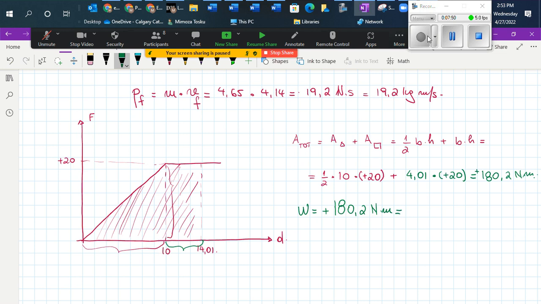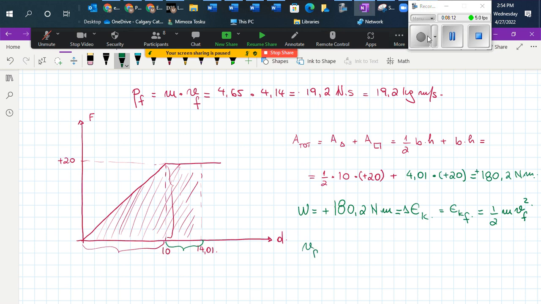Newtons times meter is equal to work, which based on the work energy principle is equal to the change of kinetic energy. And since it is starting from rest, it is equal to kinetic energy final, which is 1/2 m v final squared.